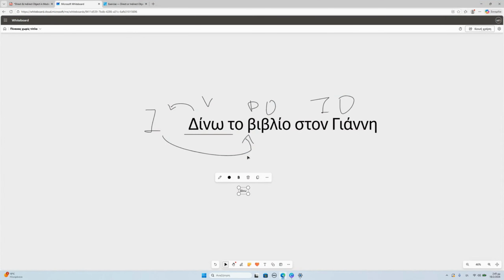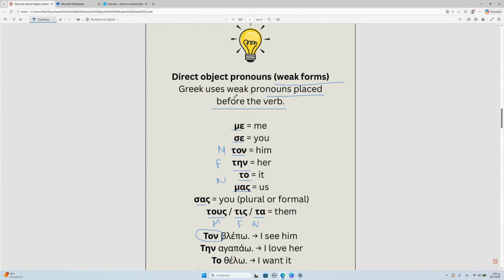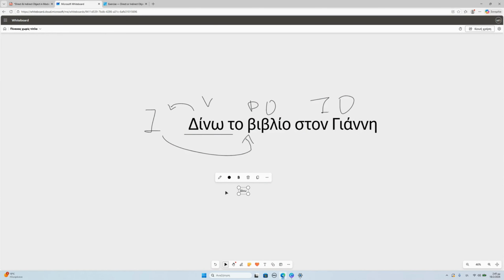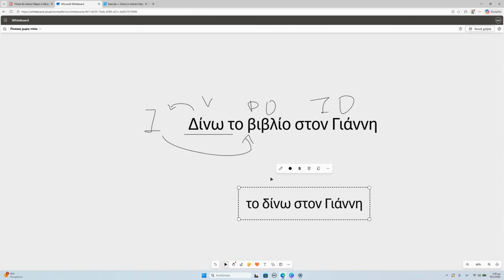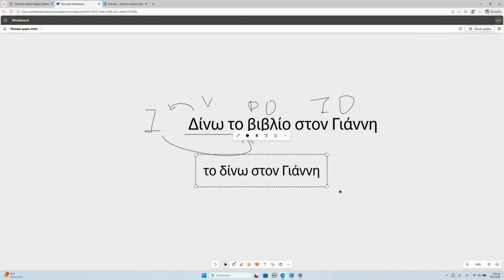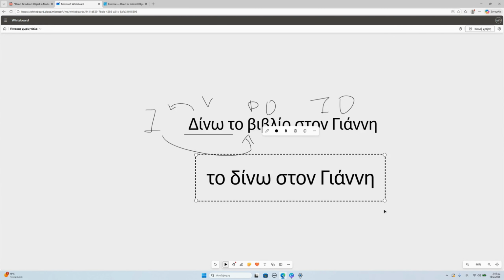We said it is placed before the verb. So it will be το δίνω στον Γιάννη. This is how we replace it. Let's make it bigger so you can see. This means I give it to Yannis.